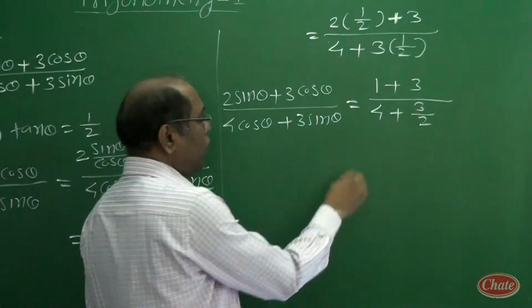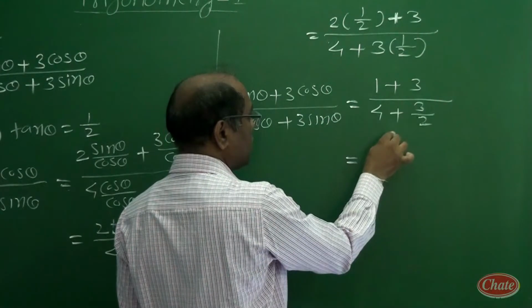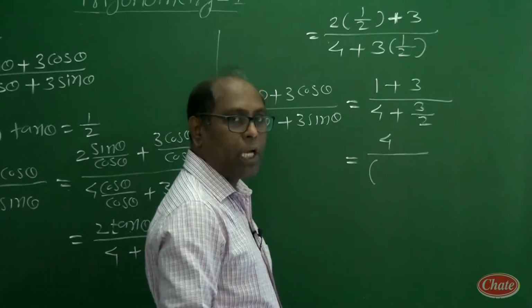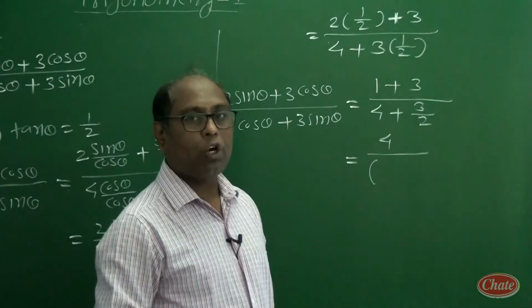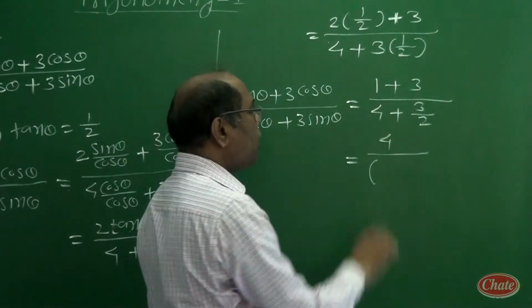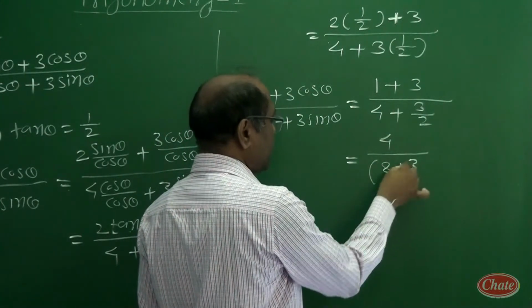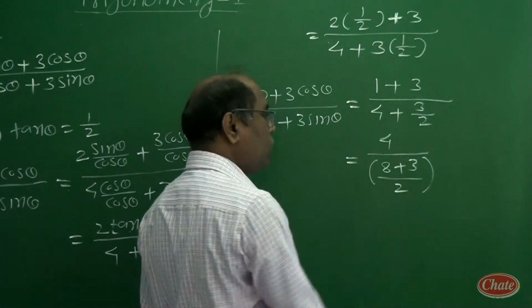So that is 1 plus 3, that is 4, divided by, taking the cross multiplication in the denominator, 4 into 2, that is 8, plus 3 divided by 2.